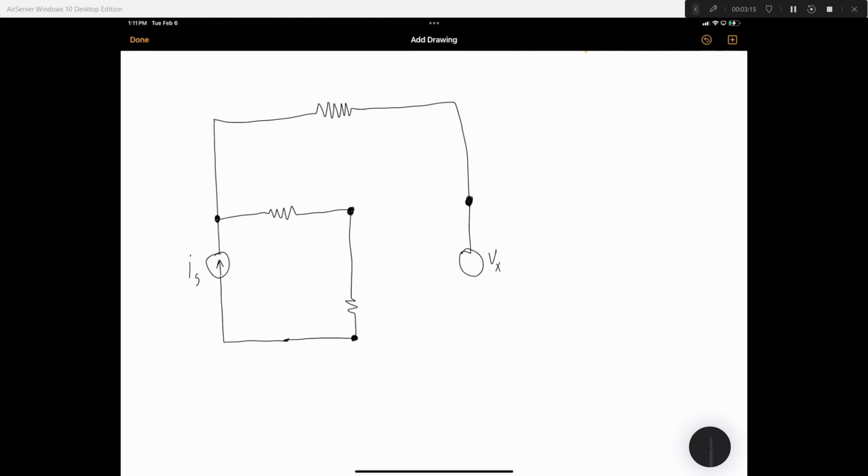What does that say? V sub S, not V sub X. And with current going this way.